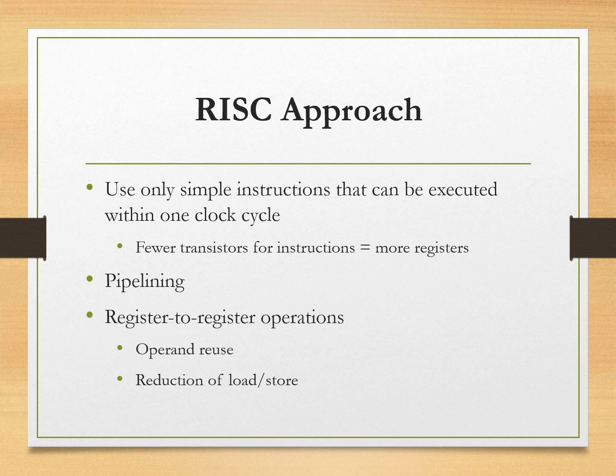It doesn't involve the memory, where the operand is reused and there is a reduction of load and store to the memory. You reduce it. It is used to execute the instruction between register and register.